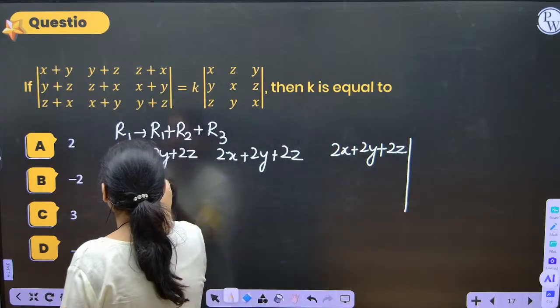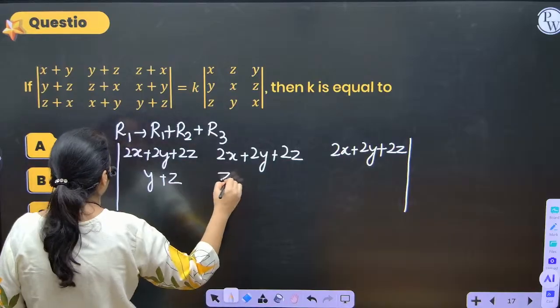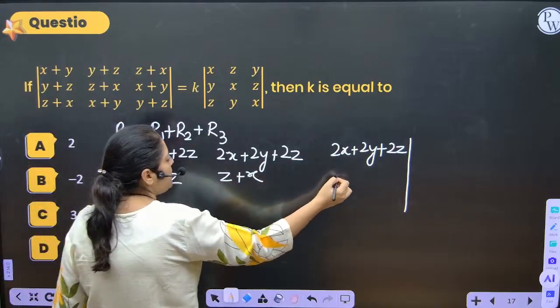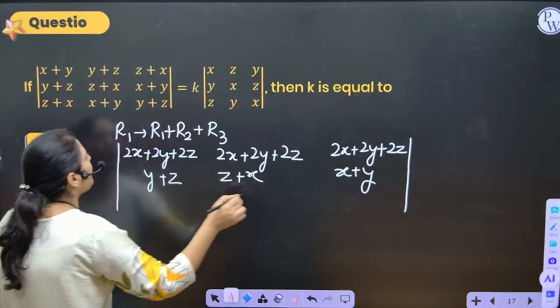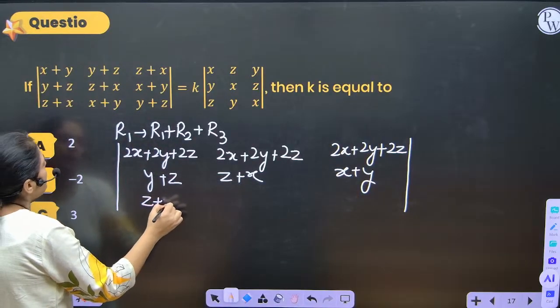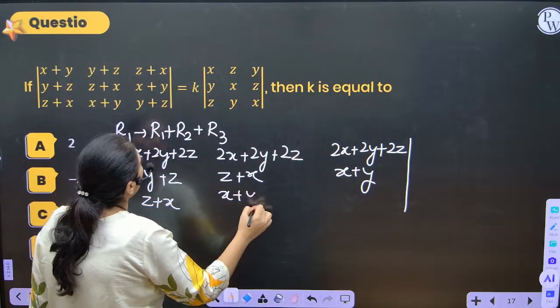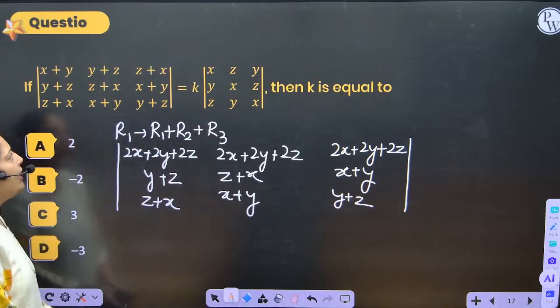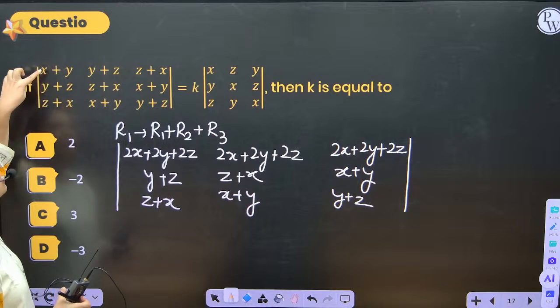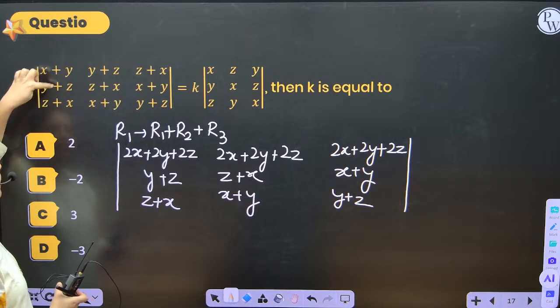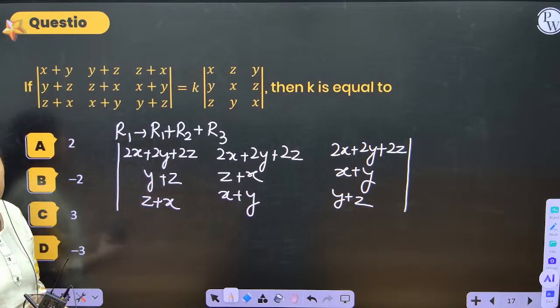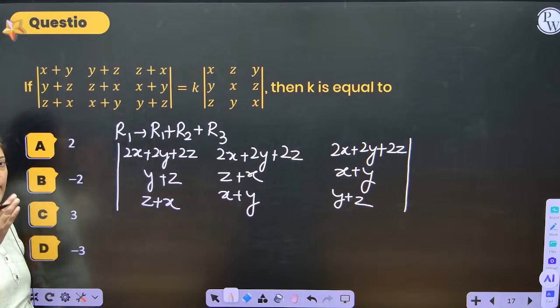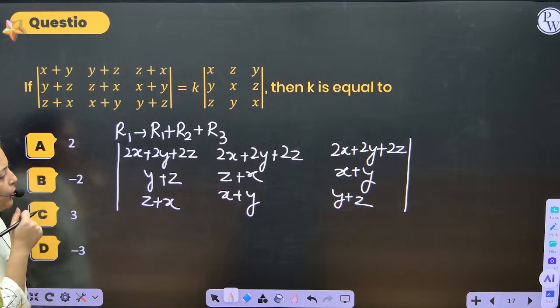Other things will remain the same. If I add these numbers, x plus x is 2x, y plus y is 2y, z plus z is 2z. That's why this came, since I am adding all the elements of row 1, row 2 and row 3.